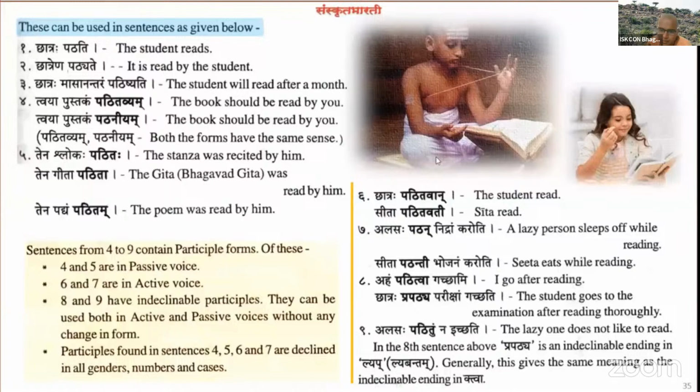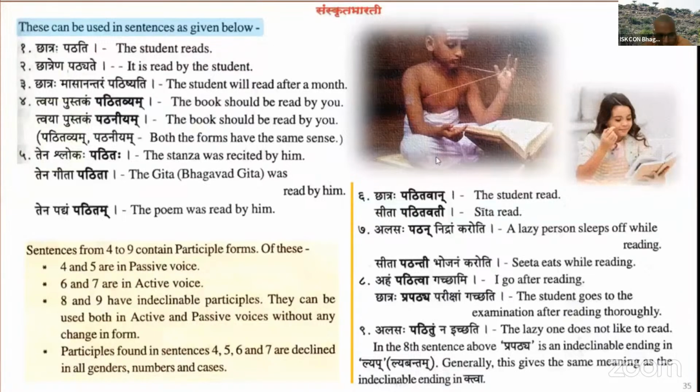So I go after reading, and the student goes to the examination after reading thoroughly. These two sentences have twa and lyap pratyay, so they can be used in both active and passive voices without any change in form. The same form can be used in active and passive voice.